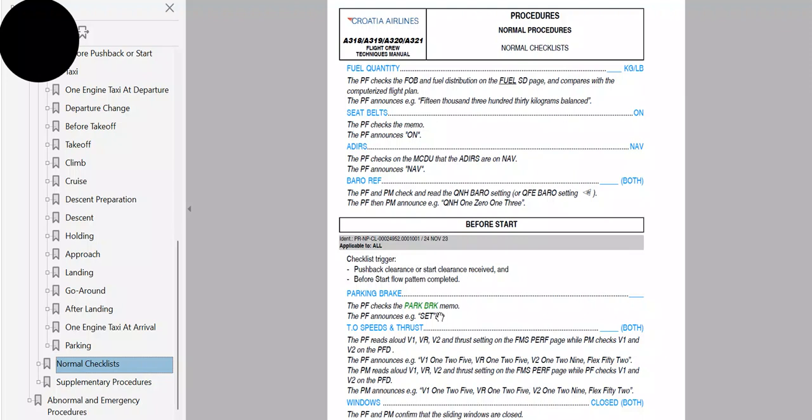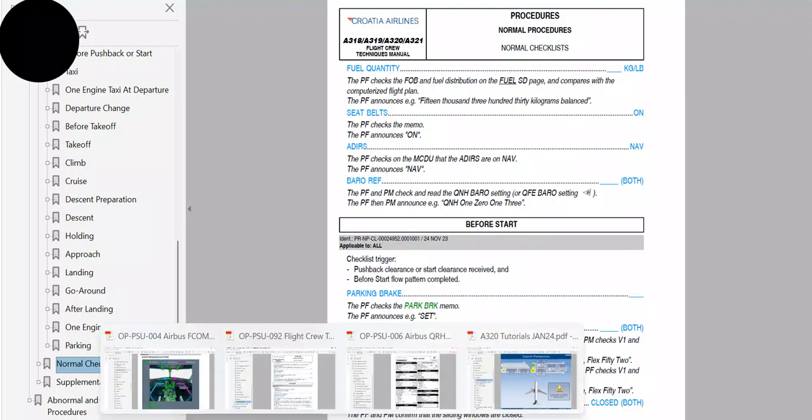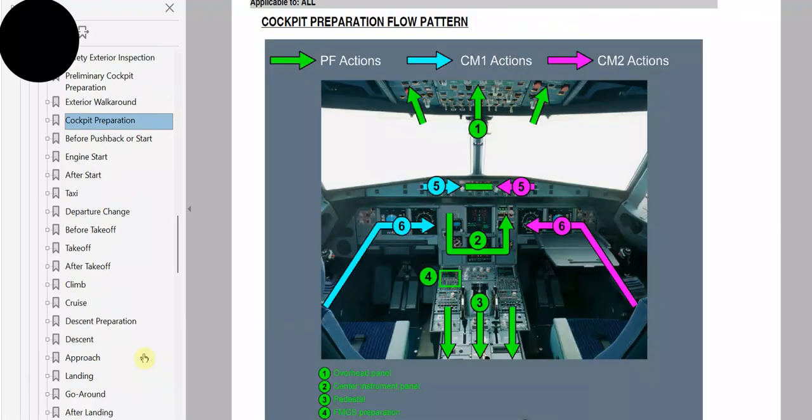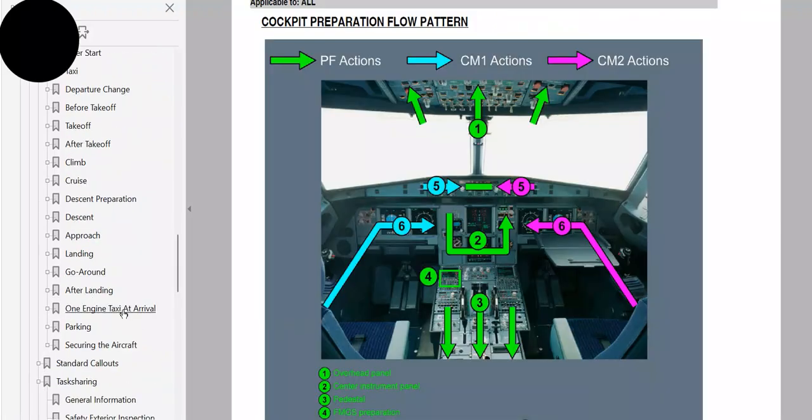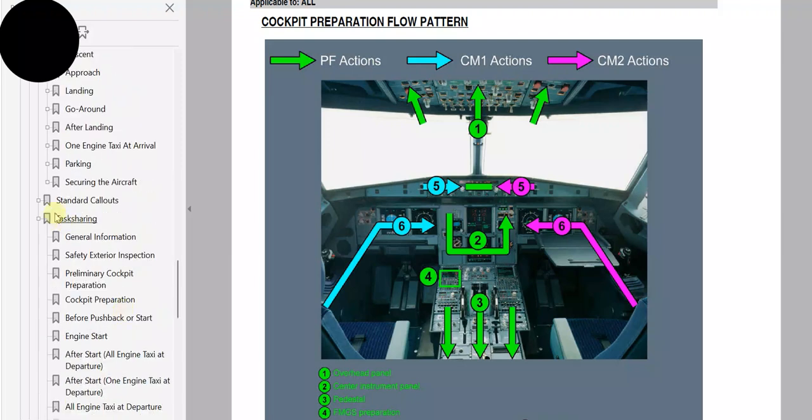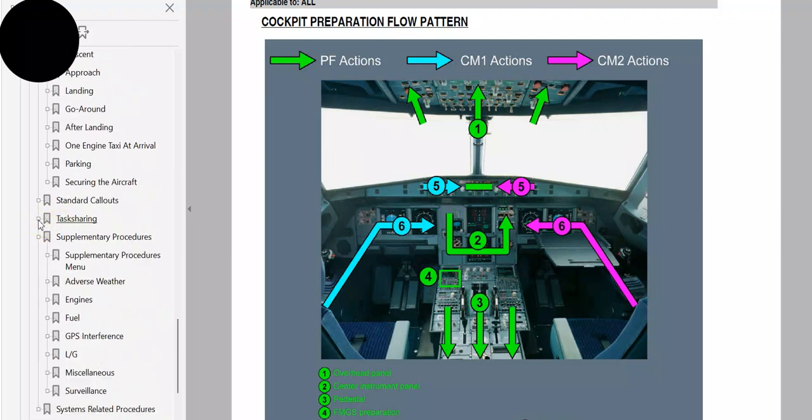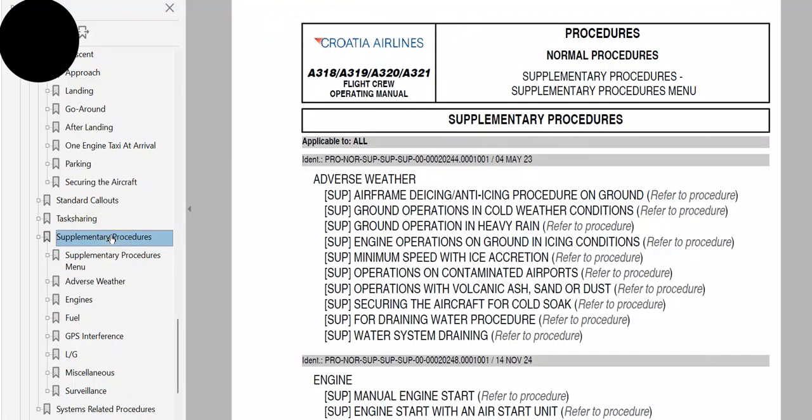When we speak about the supplementary procedures, we need to know what they are. We can find supplementary procedures in the FCOM, below the task sharing, supplementary procedures. They are not abnormal or emergency procedures.